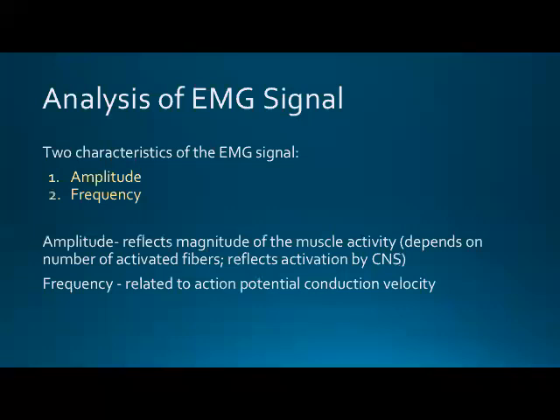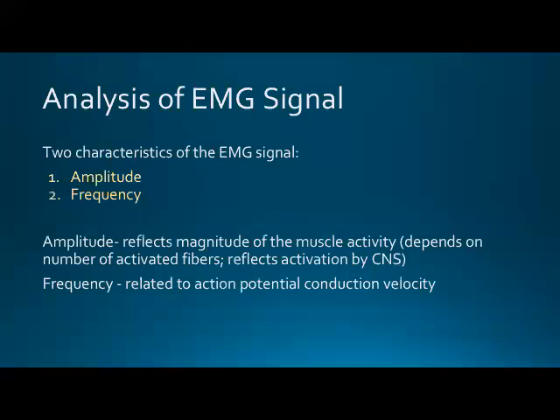Frequency is also kind of flawed, just because it's estimating the action potential conduction velocity, but it's not measuring within the fiber. Usually frequency will be used to estimate fiber type. We know that larger motor units have faster action potential conduction velocities, which we'll talk about in our fiber section. So the larger the motor unit, theoretically, the faster the action potential.